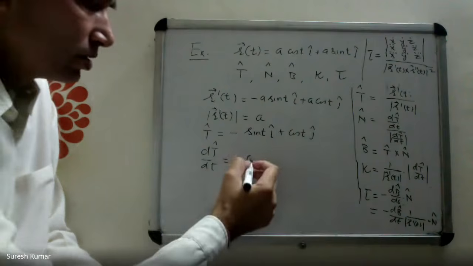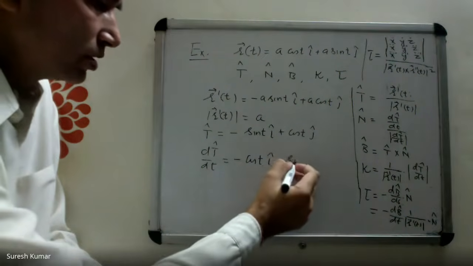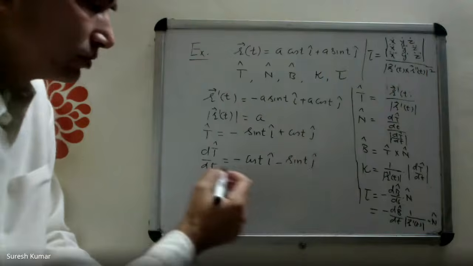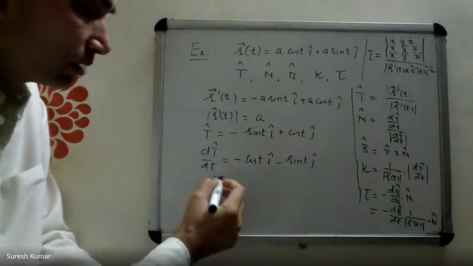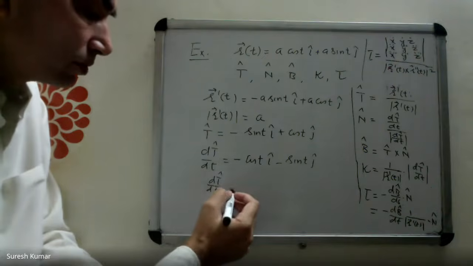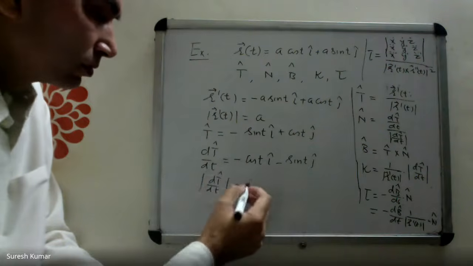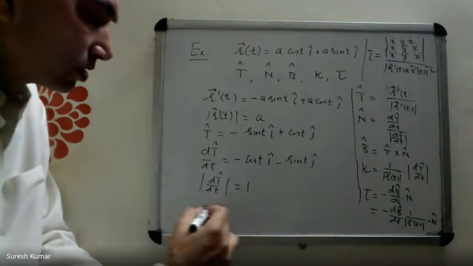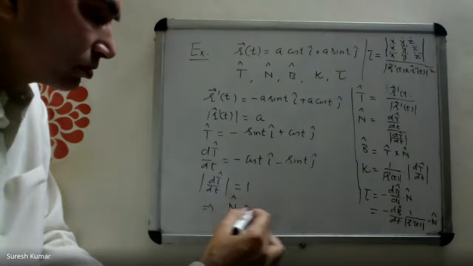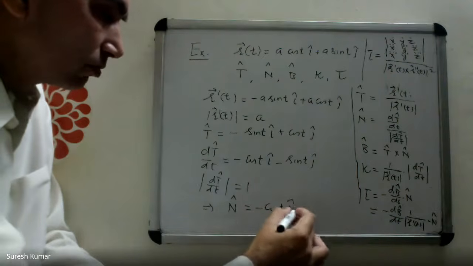It is minus cos T i cap minus sin T j cap. So if you divide by its magnitude, again its magnitude is 1. So you can say n cap is minus cos T i cap minus sin T j cap.